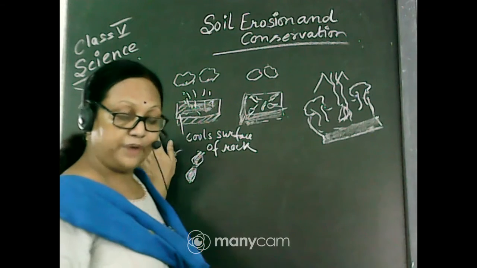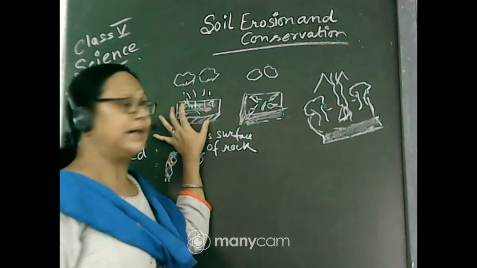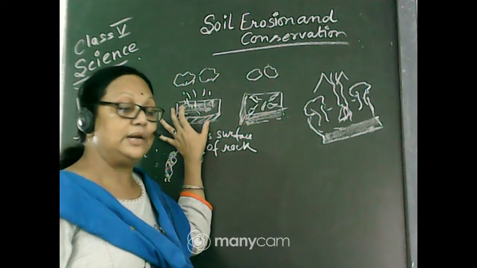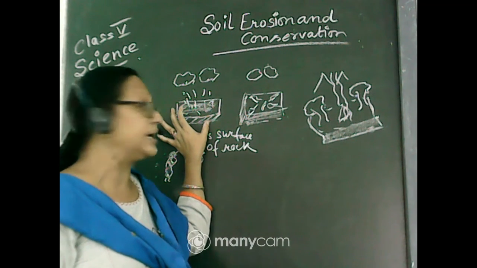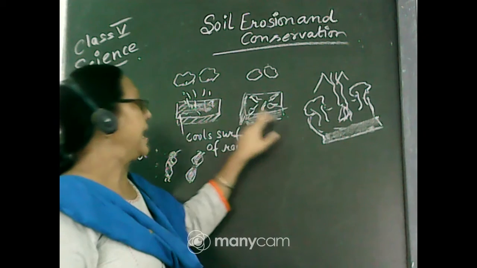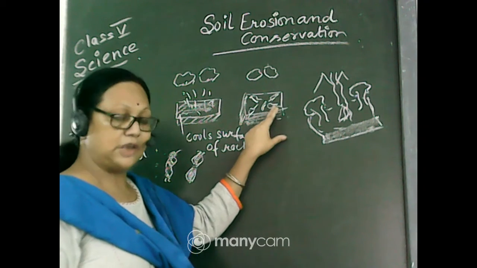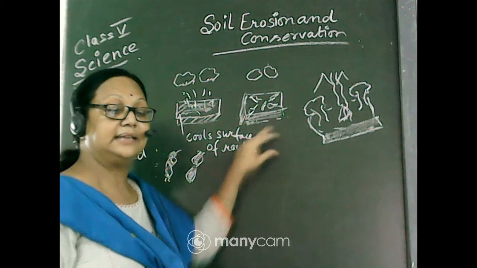At first the sun warms up the rocks, then due to the rain and the coolness of the night, they are cooled. So constant cooling and warming up of the rocks creates cracks in the rocks.